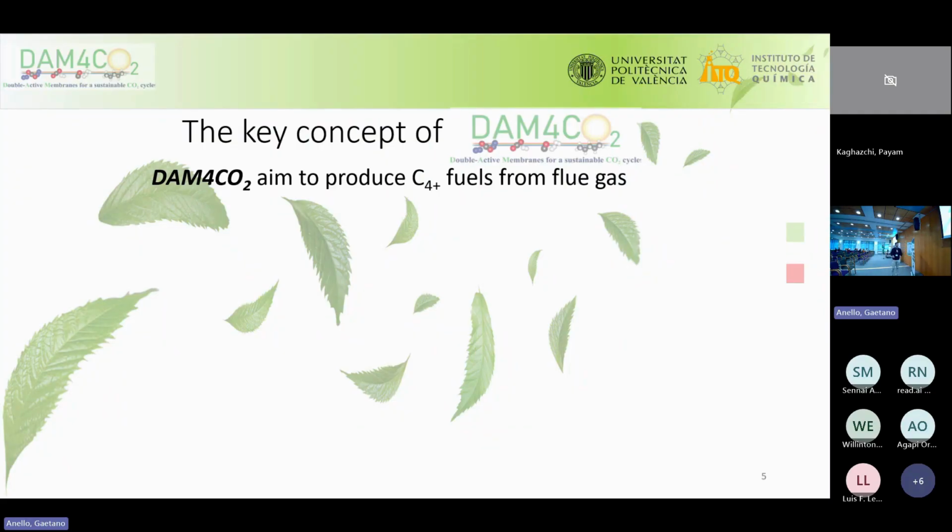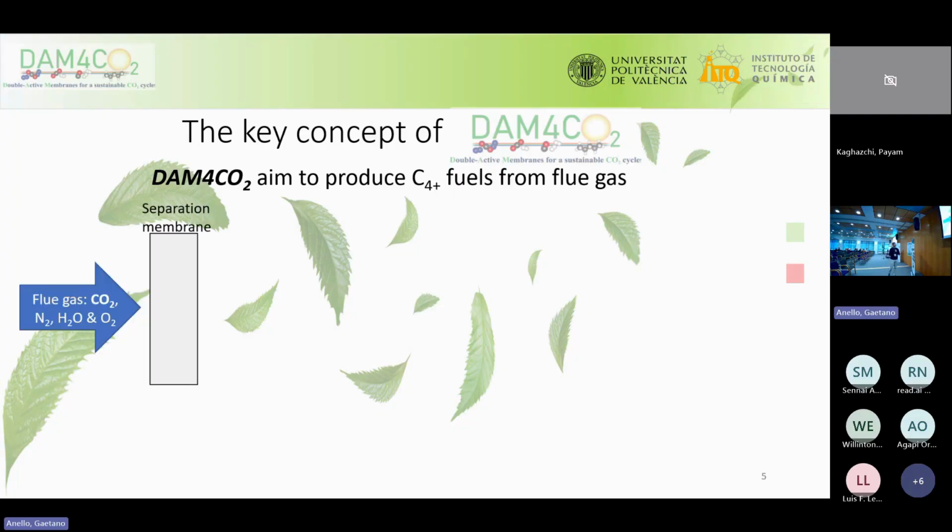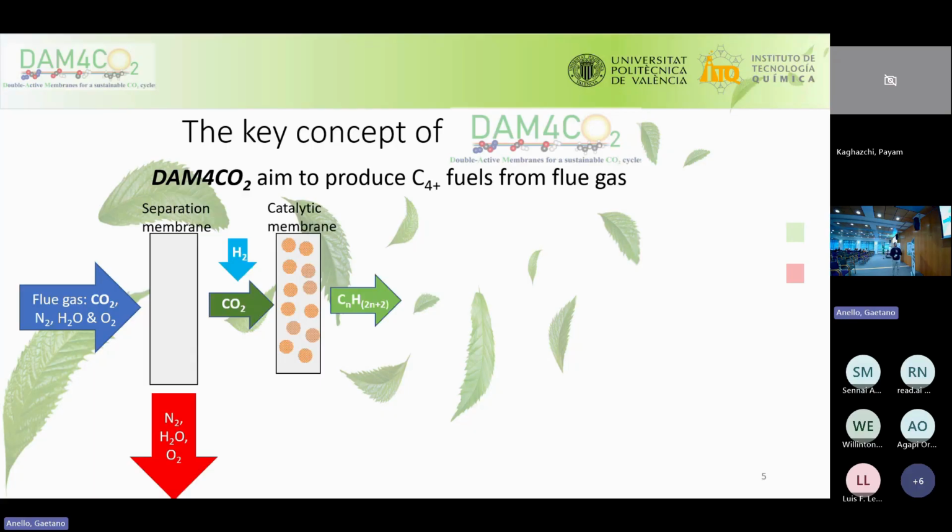So what we have to do is make a very good catalyst that could be able to do these reactions. So the philosophy of Dam for CO2 is first to use a membrane to separate the CO2 from the flue gas, and then use a second membrane, that we call the catalytic membrane, able to convert the CO2 to alkanes.